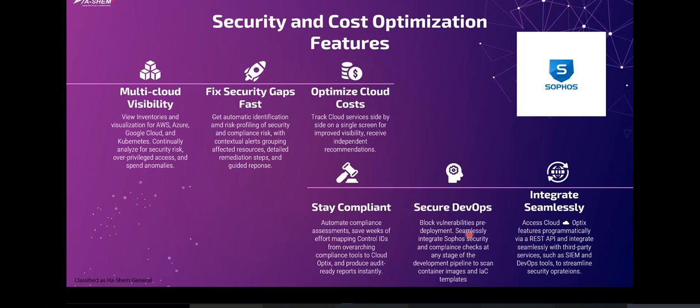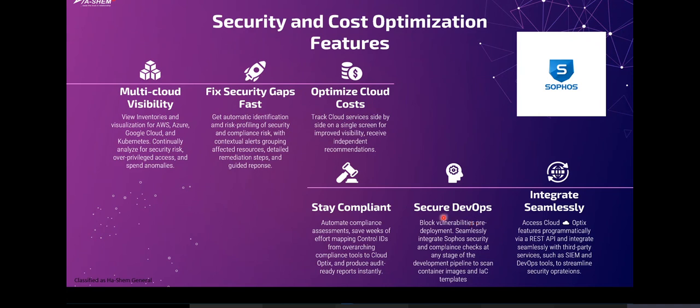Then there's also secure DevOps, for organizations that have a DevOps environment or DevOps team. Obviously you'd want to make sure there are no vulnerabilities in your deployment. So when you integrate your DevOps environment with Sophos Cloud Optix, it helps you scan through, remediate, and gives you alerts, recommendations, and so on.